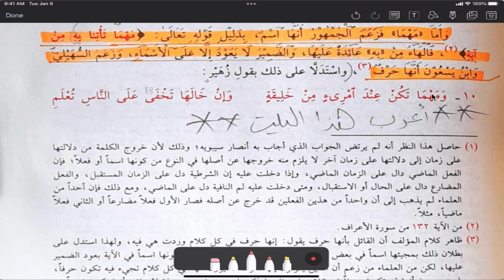So the majority claim that it's a nominal, mahma. بِدَلِيلِ قَوْلِهِ تَعَالَى, and that's proven by the saying of God Almighty, مَهْمَا تَأْتِنَا بِهِ مِنْ آيَةٍ, in which he told us about what the Copts, the Egyptians, said to Moses.